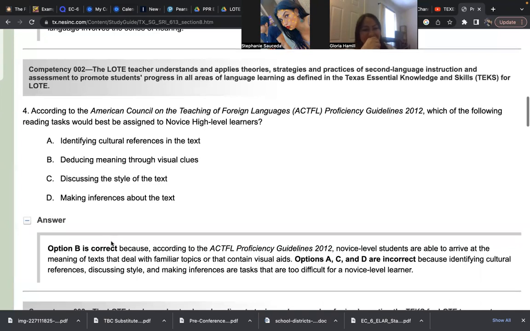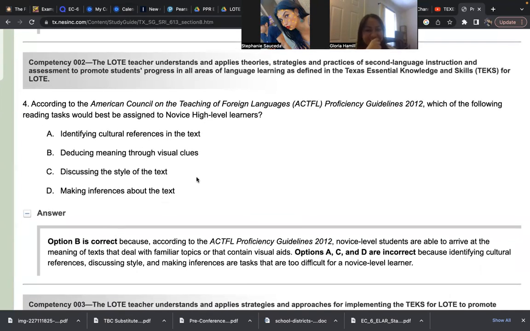So yeah, B is correct, because those visual clues, like the pictures next door, will help them understand, like, oh, there's a dog and a man and a tree, and they'll think about what's going on in that scenario and be able to understand the reading a little bit better with those visual clues. Also with learning vocabulary, right? Those visual connections help them with learning the language.